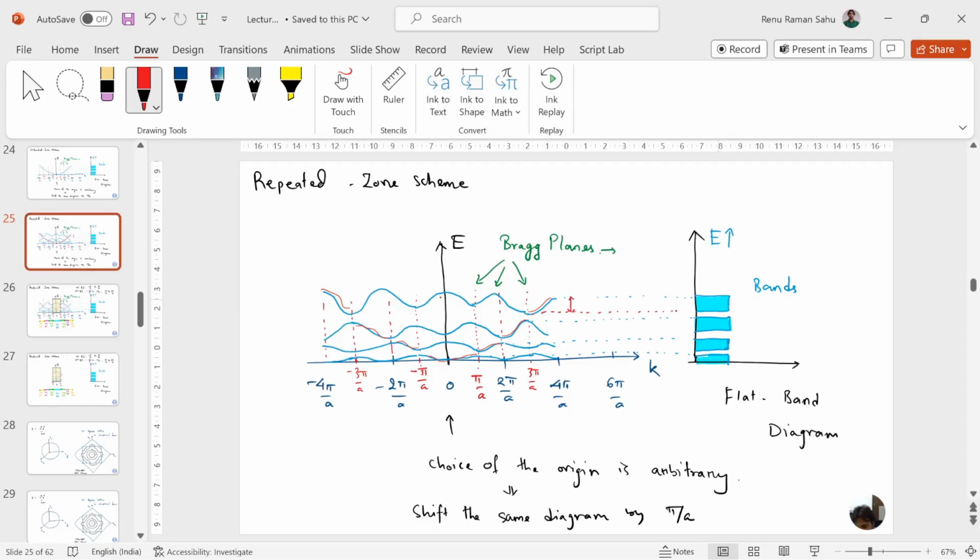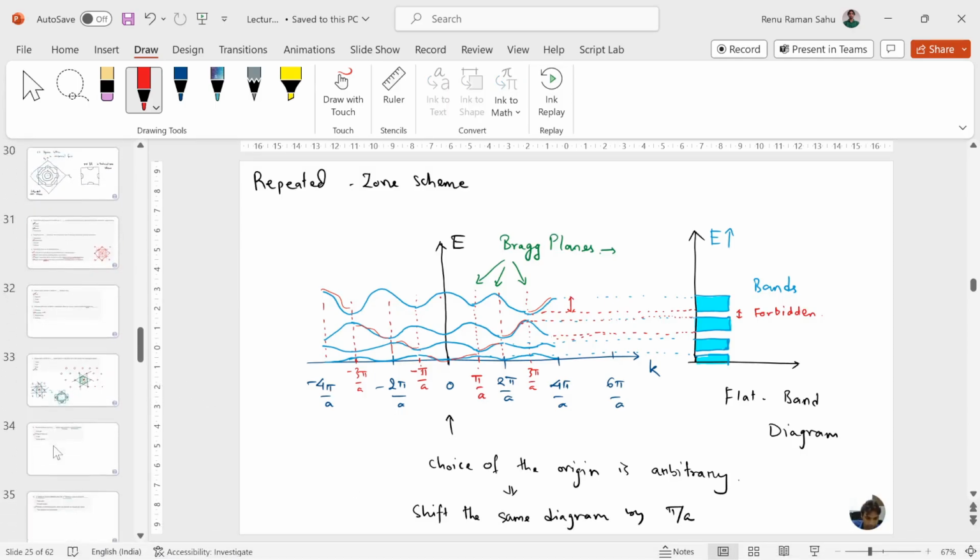So the gap is the forbidden gap. Okay, so the gap is my forbidden gap, and that was my Bragg planes. Okay, sir, clear.